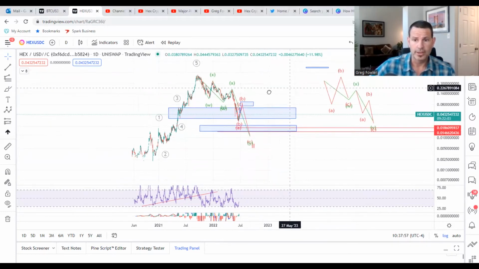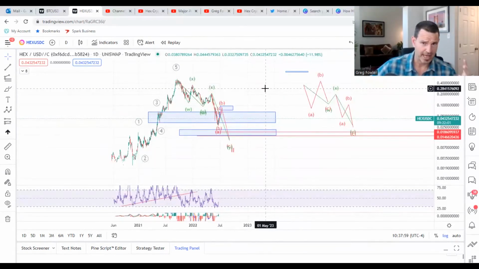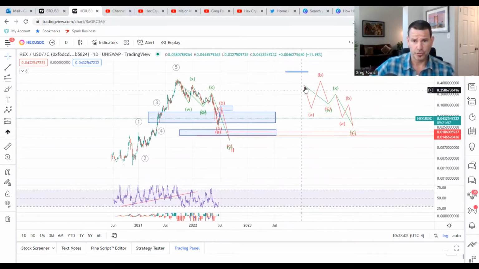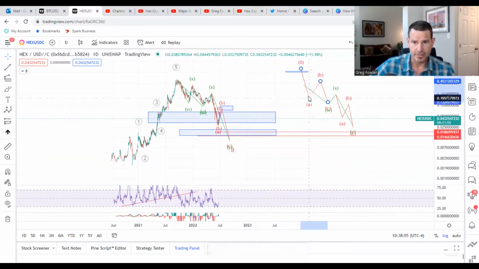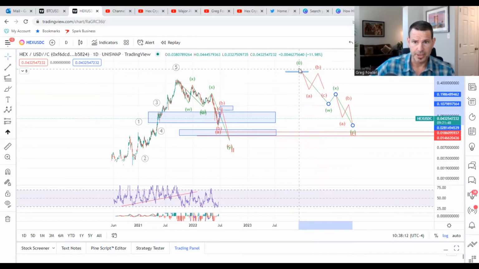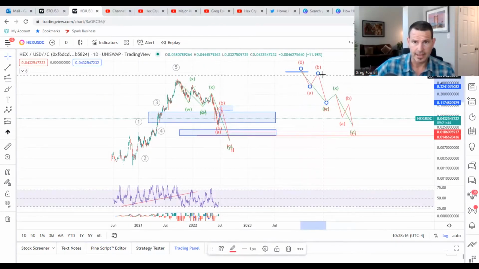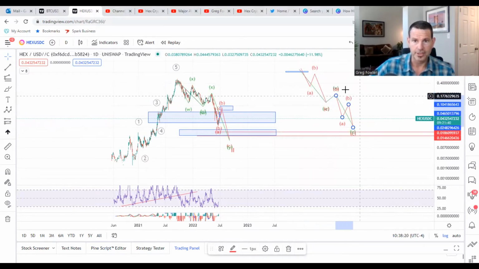The only time you're going to have two of the same is with a double zigzag. That would be a very deep correction: a zigzag like this as your W, then a connector and another zigzag. HEX didn't do that.